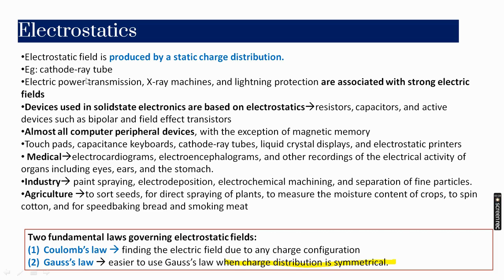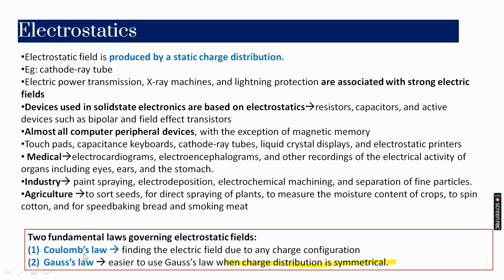These electrostatic field principles are used in many applications ranging from CRT to X-ray machines and solid-state devices like resistors, capacitors, transistors, and computer peripherals, and medical ECG, EEG, wherever I need to record the electrical activity of organs, and in industry for paint spraying, electrodeposition, and electrochemical machining, separation of particles in agriculture to sort out the seeds, to spray the plants, to measure the moisture content in many ways.